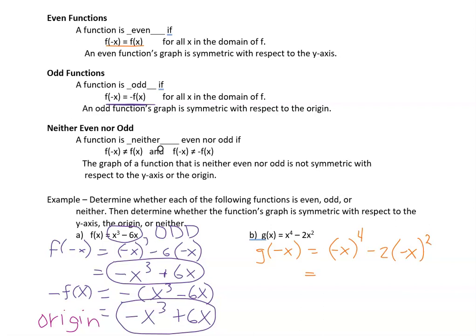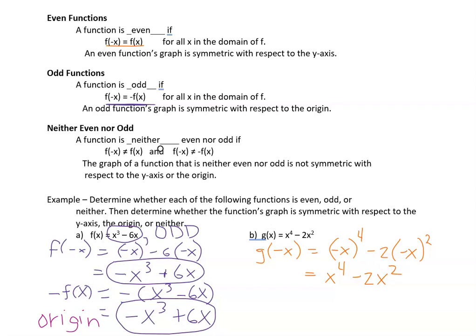Remember, a negative to the fourth power would be a negative times a negative times a negative times a negative, which would be a positive, and then we have x to the fourth. Then we have a negative x squared, which would be a positive x squared, times a negative 2, which would be negative 2x squared.